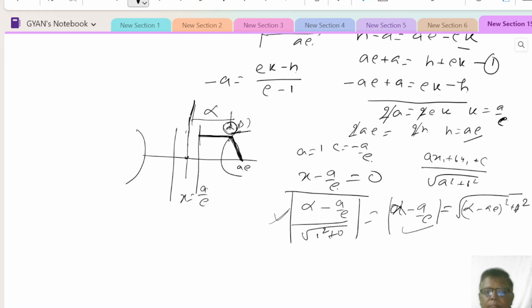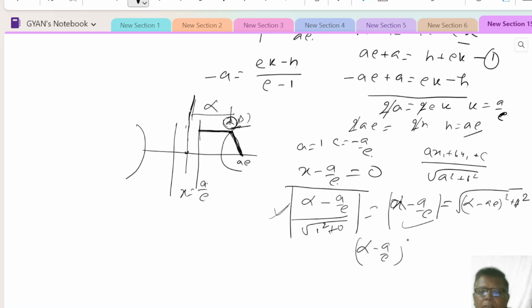So solve it further and square it both sides. So alpha minus A by E the whole square is equal to alpha minus A the whole square plus beta square.